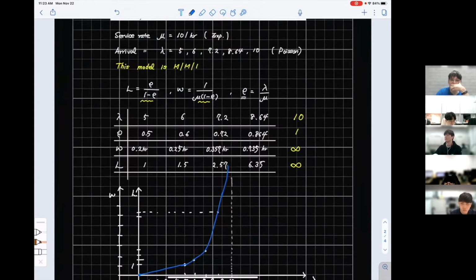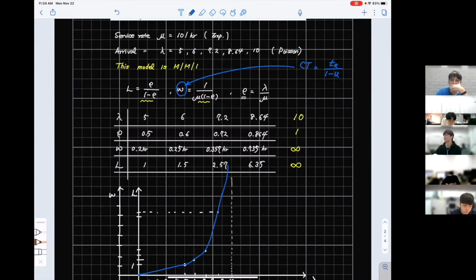Instead of calculating W, this can be replaced by CT equals TE over 1 minus U. Do you remember that this formula comes from the deduction process of the exponential process?